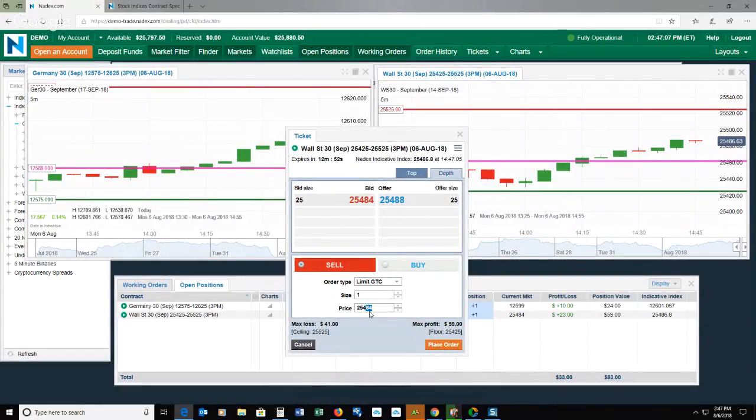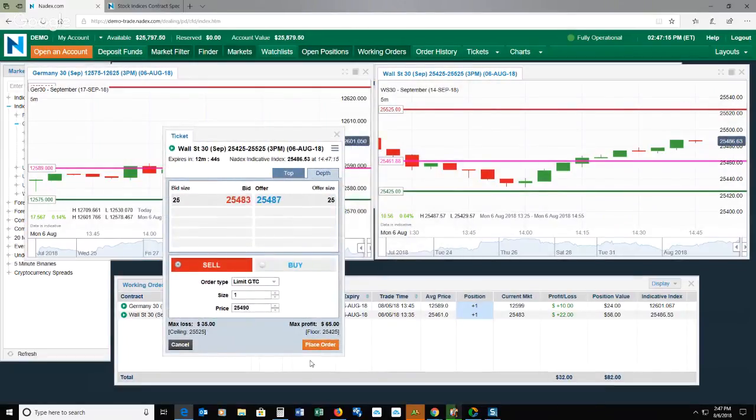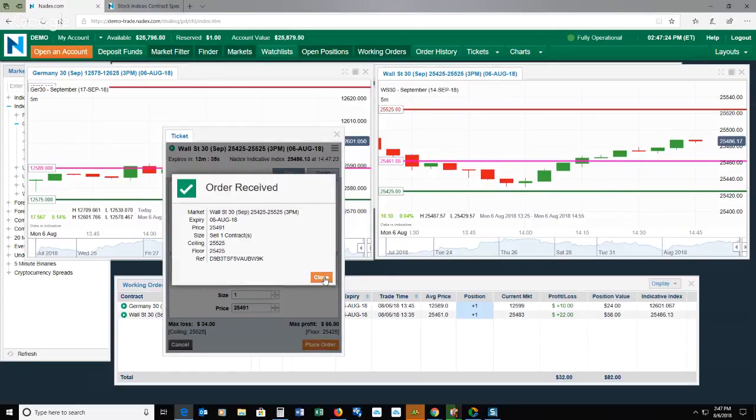This is where I think it will go. So I could type in 25,490. That is above price, also above where my entry was. And I'm going to do 1 because that would make it an even $30, and simply place the order.